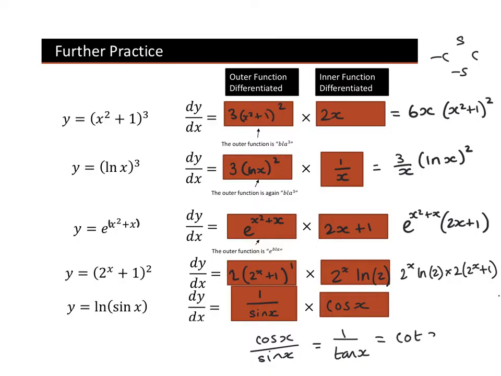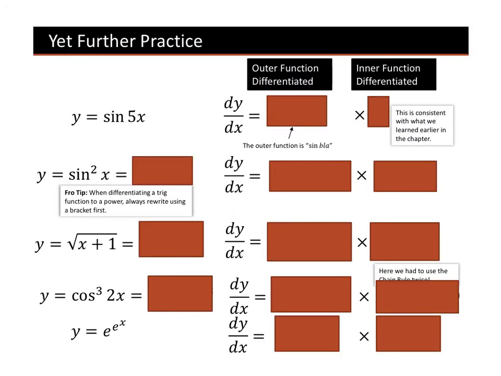Okay? So for the first one, sine differentiates to cos of 5x multiplied by the differential of the bracket, which is differentiate 5x, which is 5. It's the same. This is the chain rule. Sine squared of x, we know, can be written as sine of x all squared. So this is your bracket.